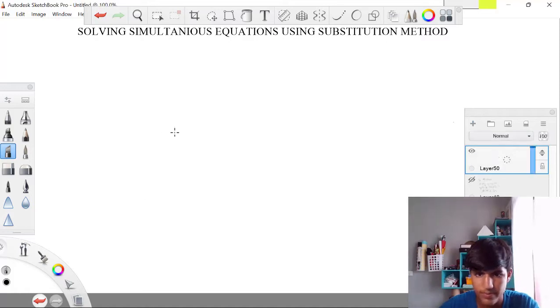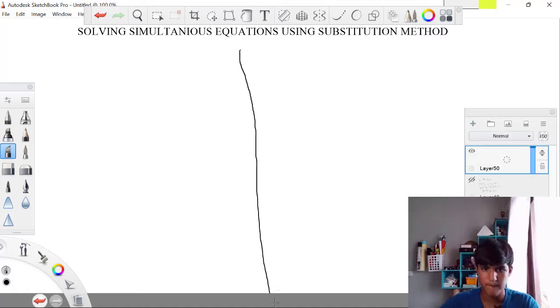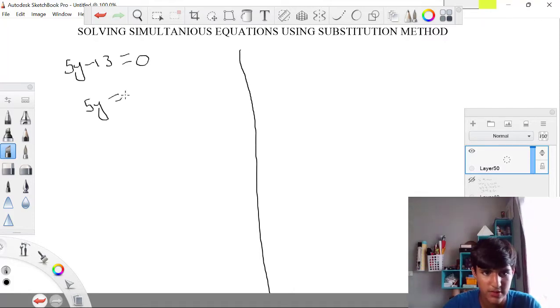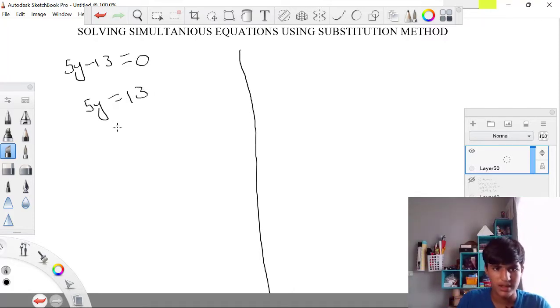Let's separate this equation. So 5y minus 13 is equal to 0, which is 5y is equal to 13, and then y is equal to 13 upon 5.